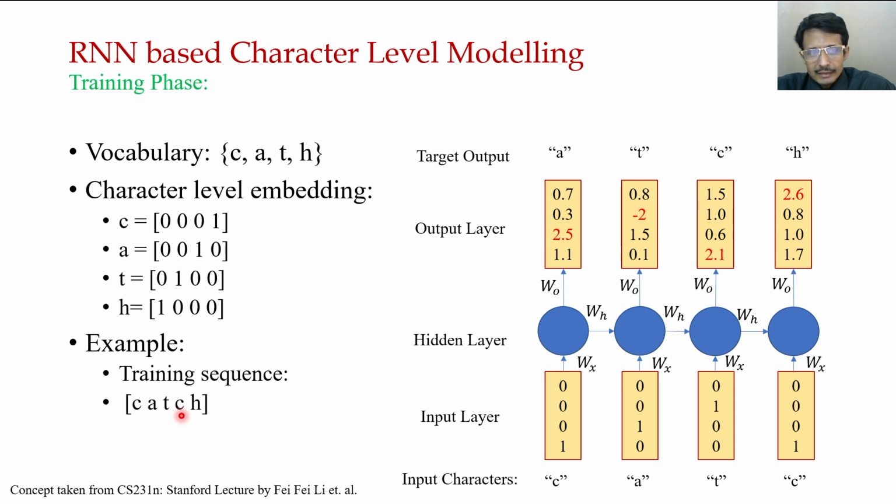Now after C, again H. So basically this word CATCH is trained in this way. It is very important to understand what the input sequence is and what the target output is. So this is the training phase of this RNN.